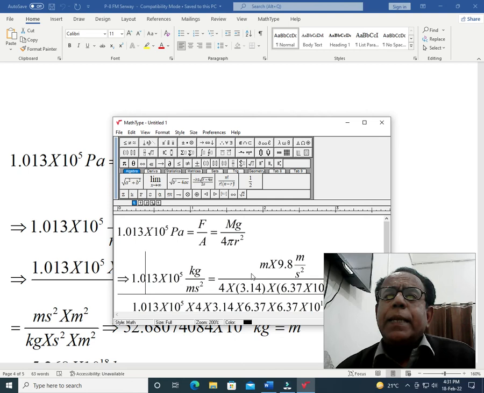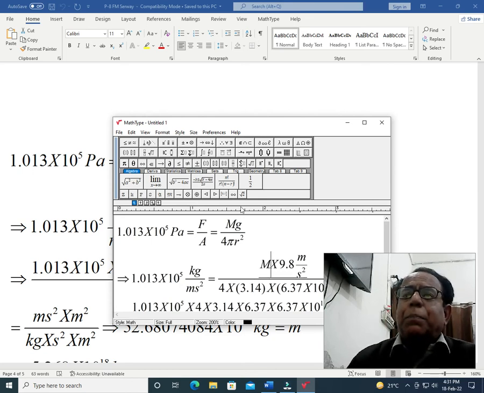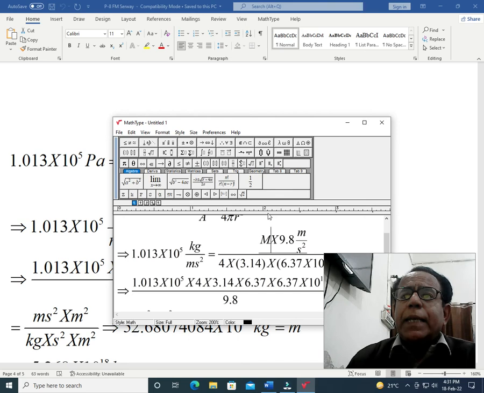Okay, kg per meter square into Mg. This M is not smaller, this M is capital M. Okay, capital M, capital M, this into this.